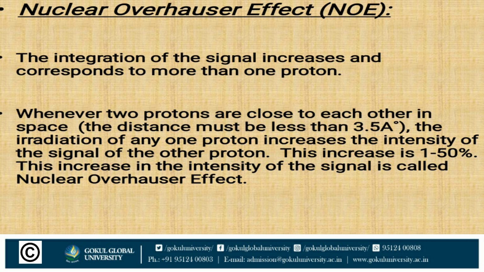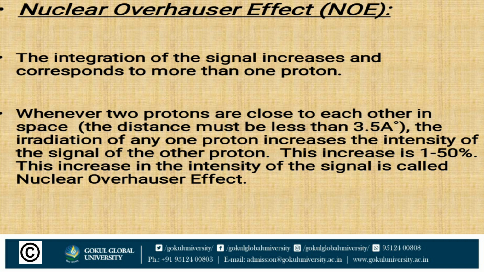We know about the signals given in NMR spectroscopy. The signal increases and corresponds to more than one proton. If 1, 2, 3, 4 protons give us a signal increase, how do we separate out which proton is on which carbon? That is not easy to separate.